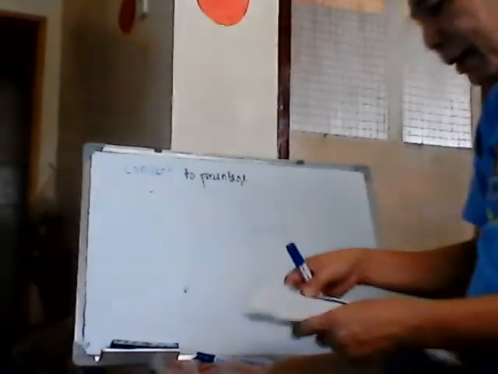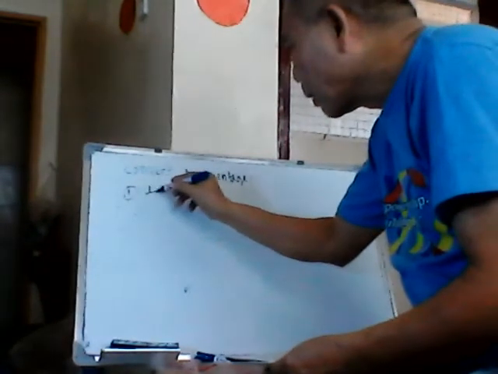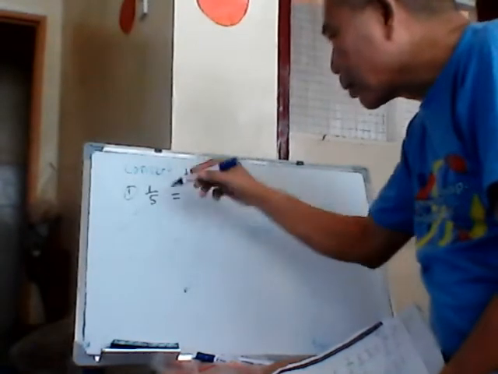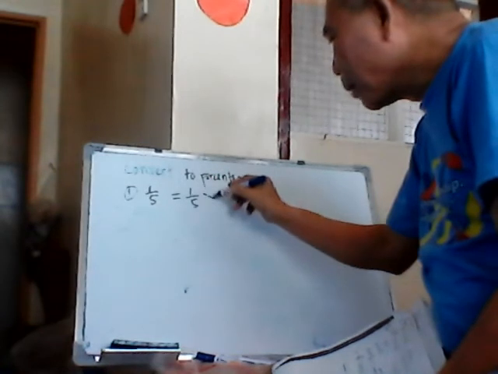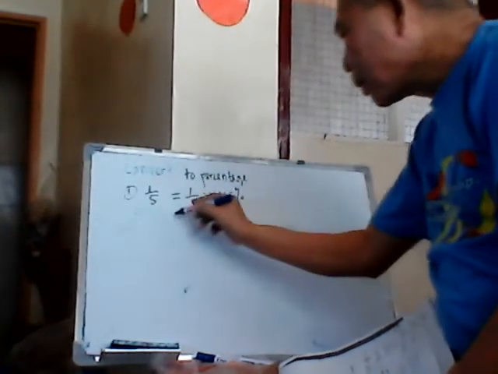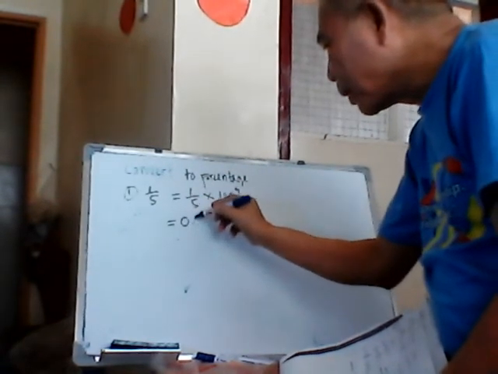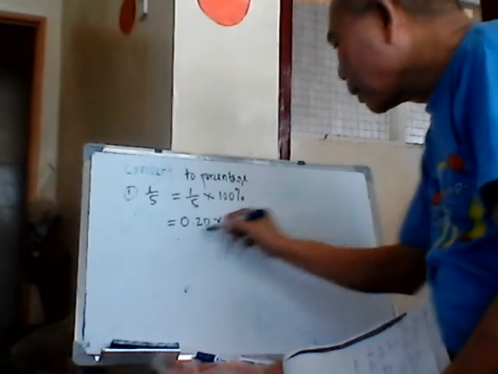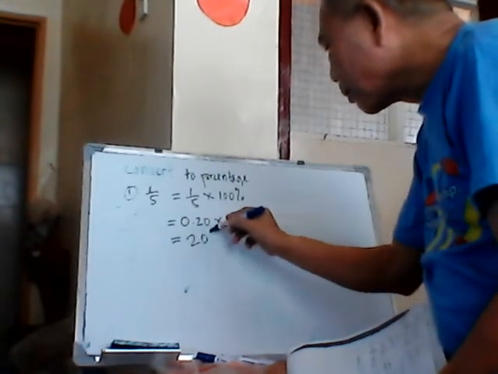Convert to percentage. So sayon na ni, number 1. Number 1 is 1/5. To convert to percentage, just multiply 1/5 times 100%. 1/5 is 0.20 times 100% equals 20%.